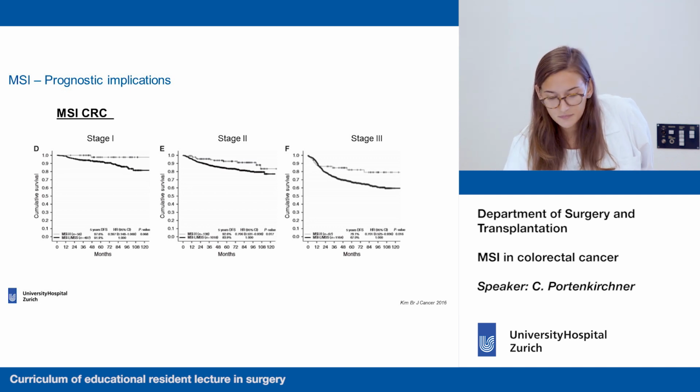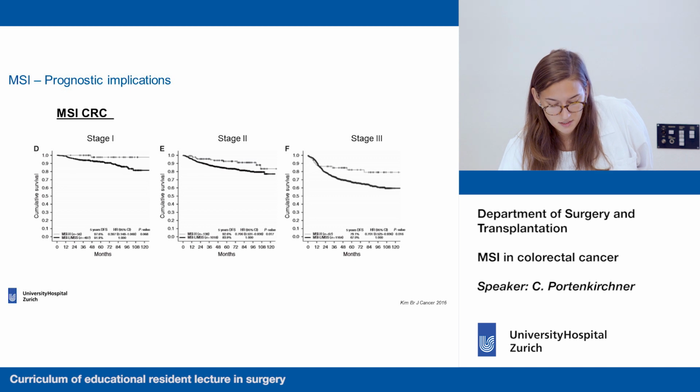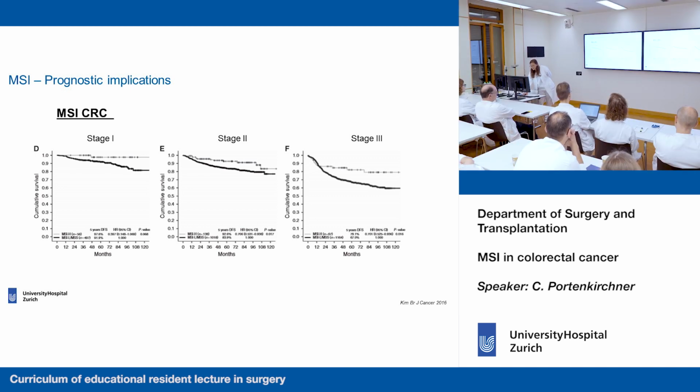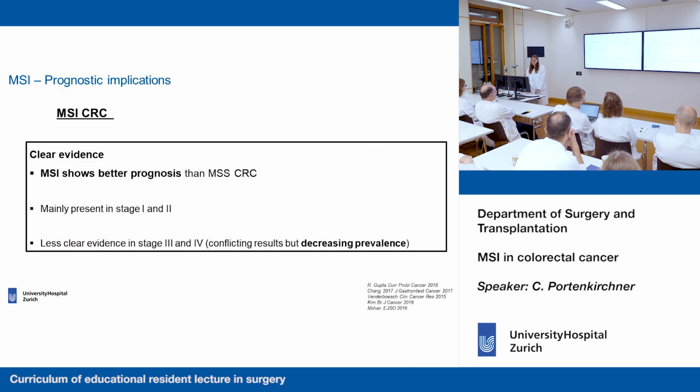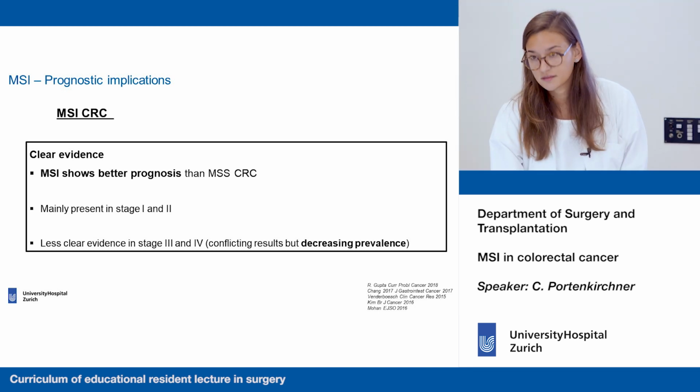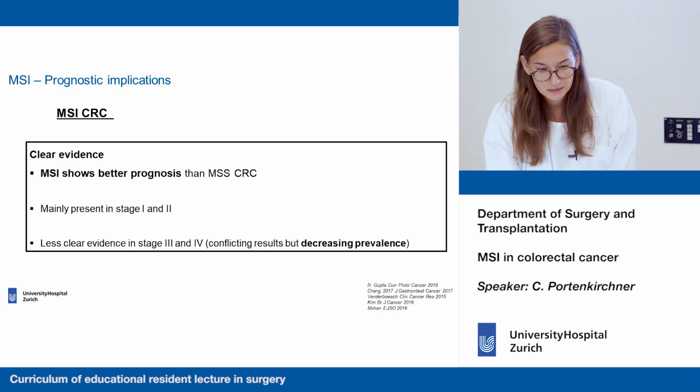In stage 1 and stage 2, they had a better disease-free survival, also in stage 3. But due to decreased prevalence, and also in the literature, there is less clear evidence for stage 3 and metastatic stage 4. So MSI has a better prognosis mainly in stage 1 and 2. For stage 3 and 4, we have less clear evidence and a lot of conflicting results.